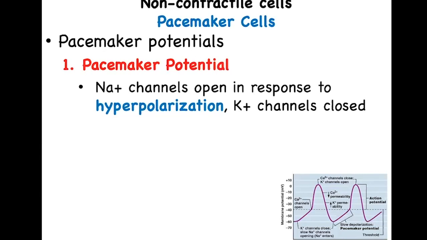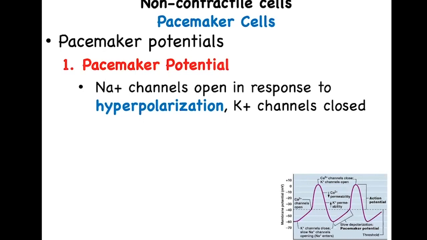Recall that hyperpolarization is when the membrane potential becomes more negative than at rest. So in response to hyperpolarization, which is due to the potassium ions moving out, you're going to have a pacemaker potential. At this point, the potassium channels are closed once you begin the pacemaker potential.